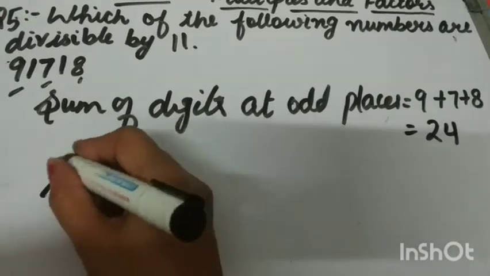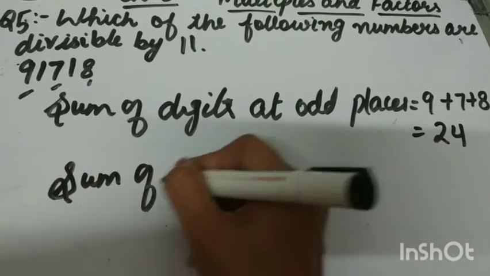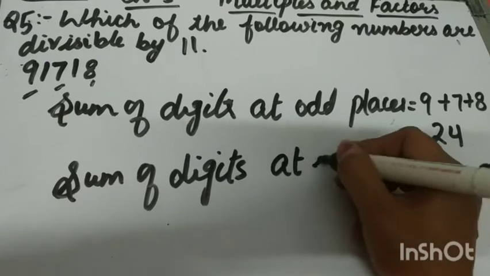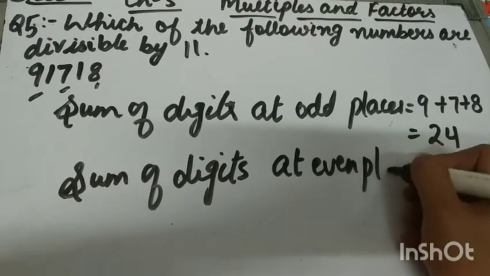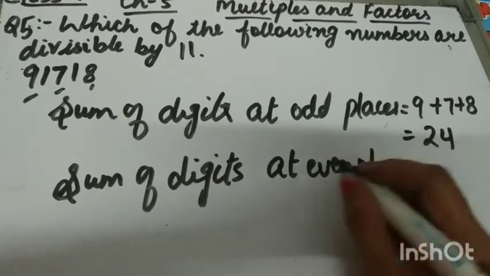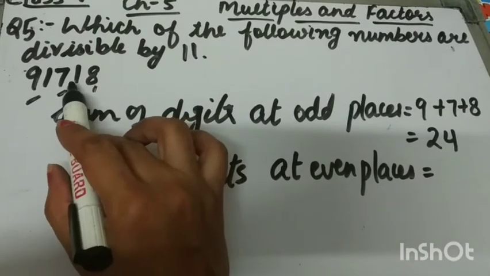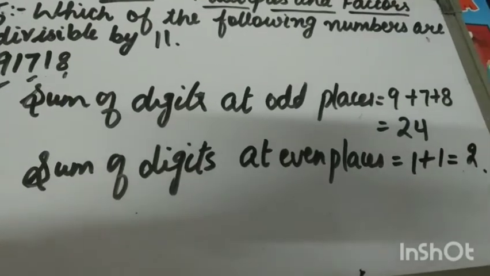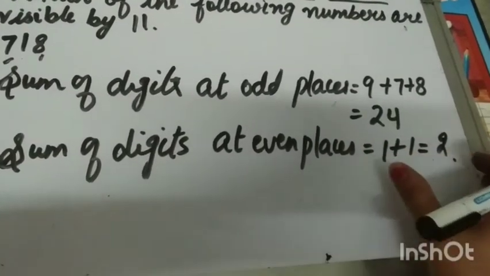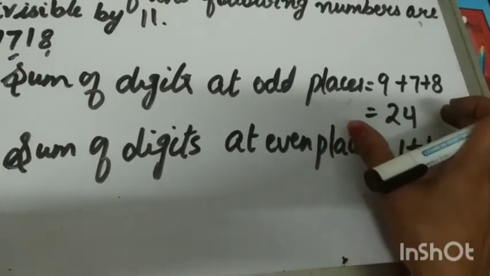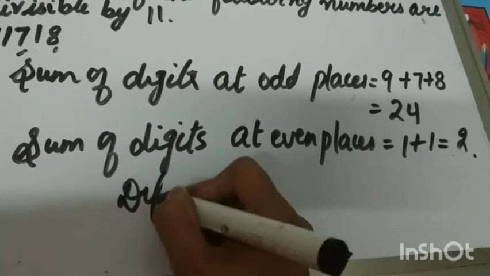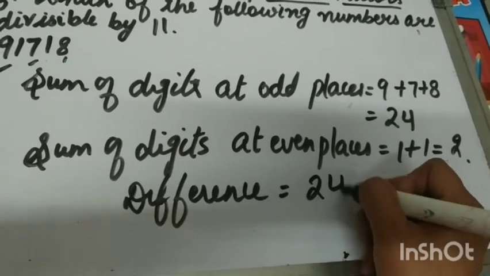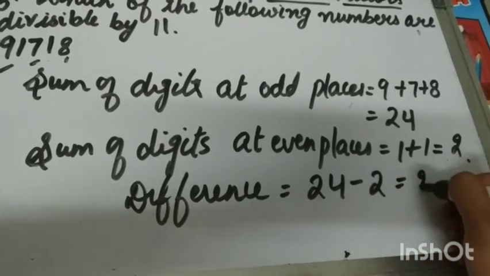Now you will find the sum of digits at even places, which are 1 plus 1, which is 2. The sum at even places is 2 and at odd places is 24. Now we have to find the difference, and the difference is 24 minus 2, which is 22.